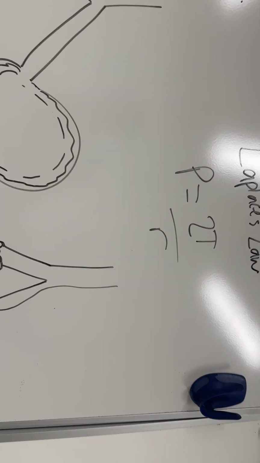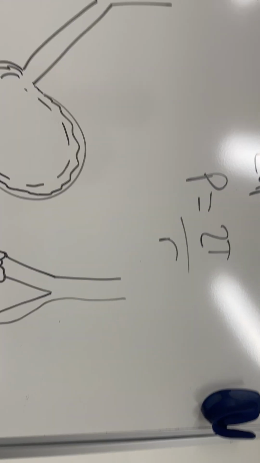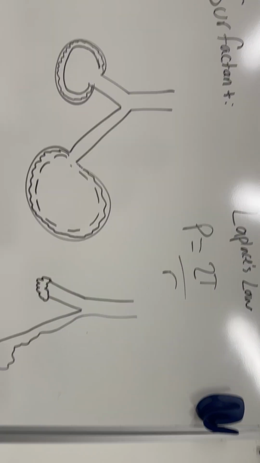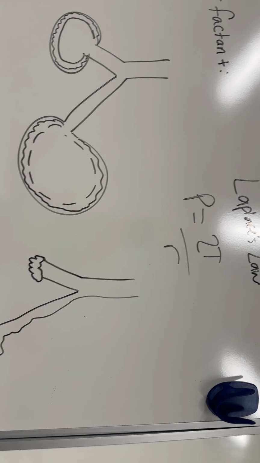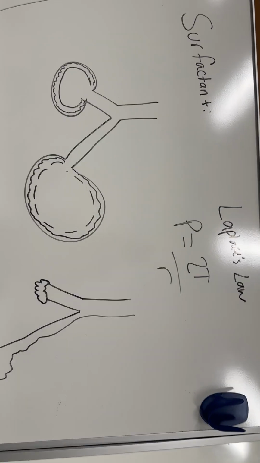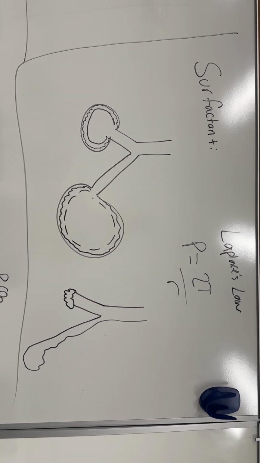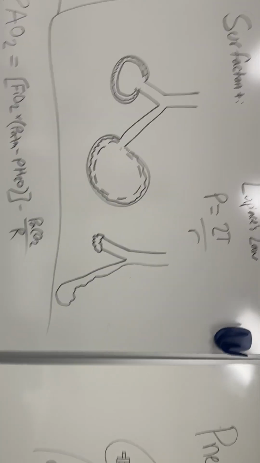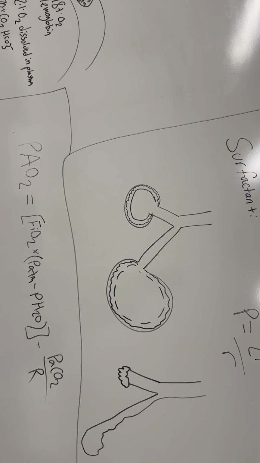So if we have high surface tension, then we're going to have high pressure, and if we have a high radius, we're going to have lower pressure, right? So surfactant is going to decrease our surface tension, which is going to decrease our pressure, and then that is going to decrease the work that we need to do to be able to breathe, right? So if we don't have surfactant, we have a lot of surface tension, a lot of elasticity.